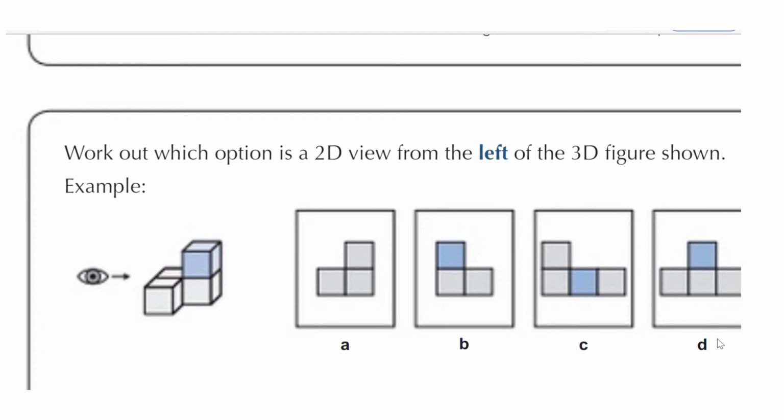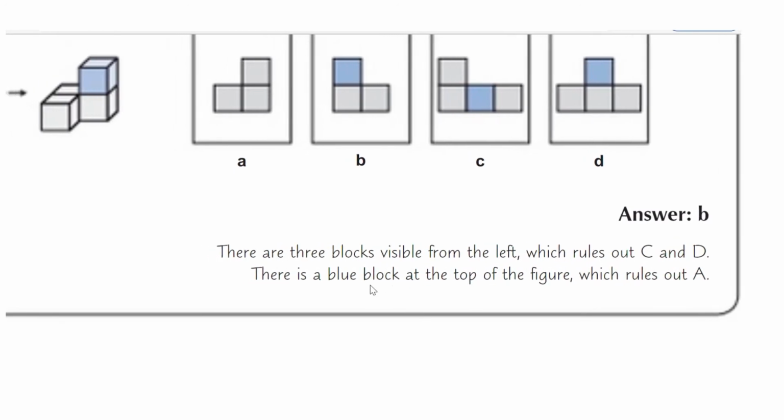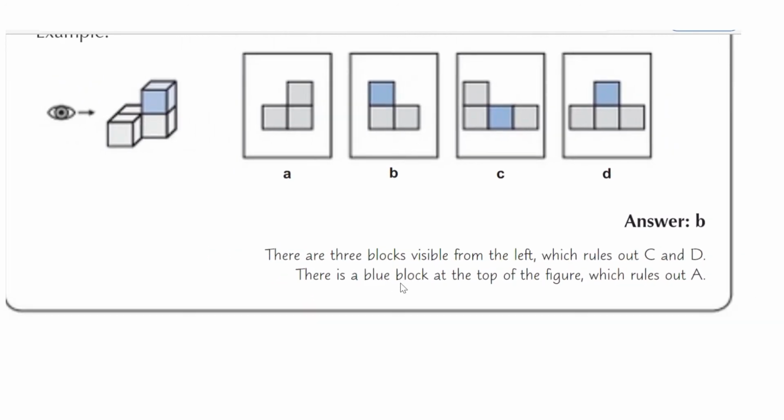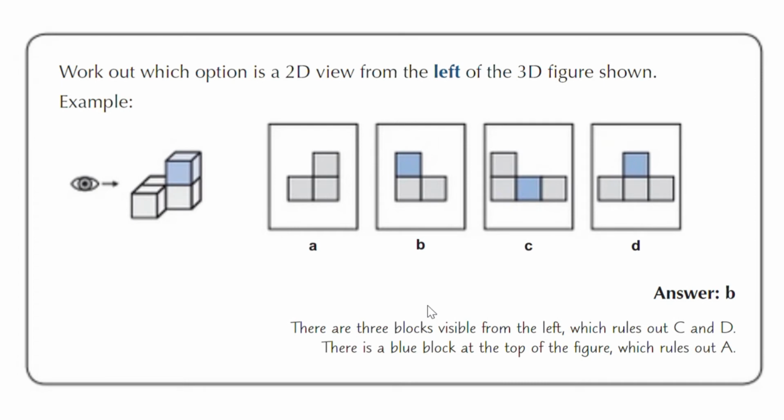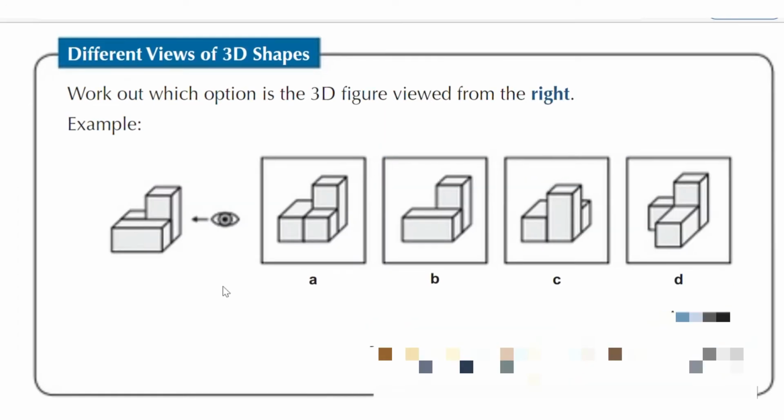No, it can't be C, it can't be D. It has to be B. And let's see, yep, it is B. There are 3 blocks visible from the left, which rules out C and D. There is a blue block at the top of the figure, which rules out A. Make sure you are reading the instruction correctly.